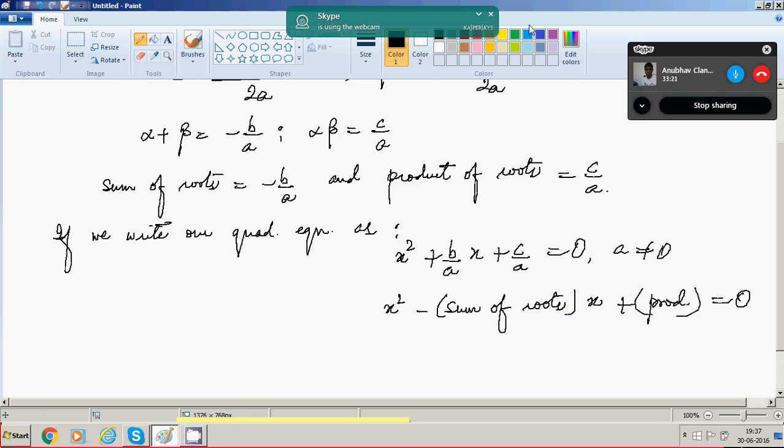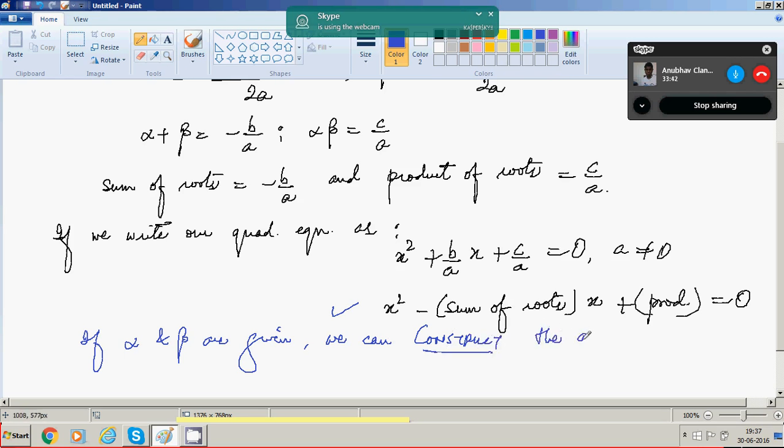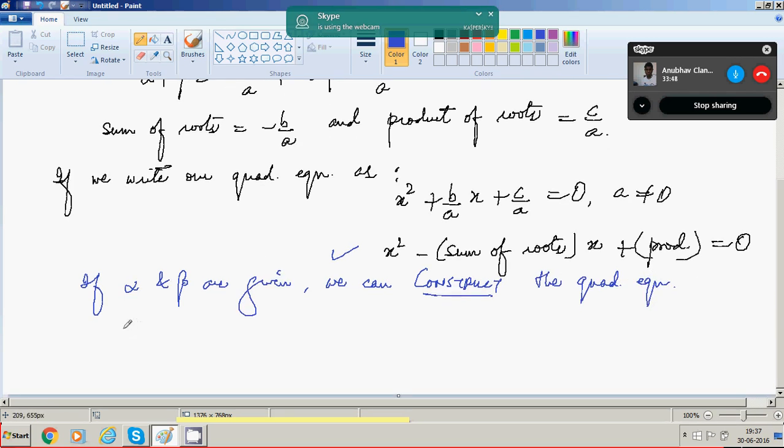This is the equation. It means that if alpha and beta are given, we can construct the quadratic equation. It is simple. A numerical example will clarify it.